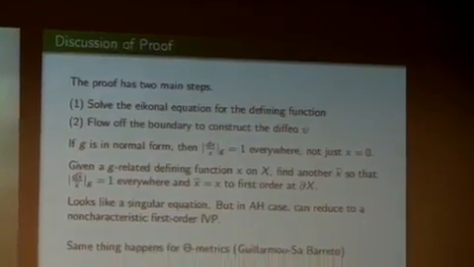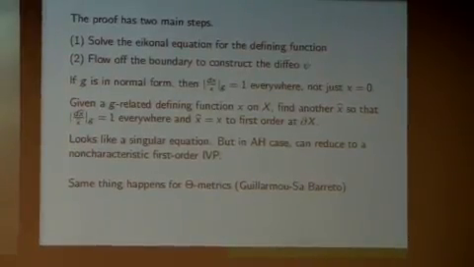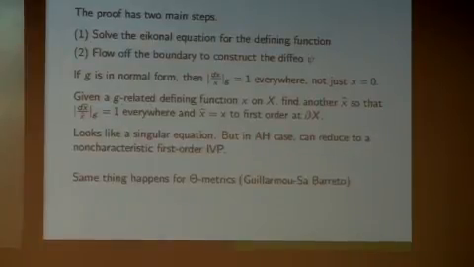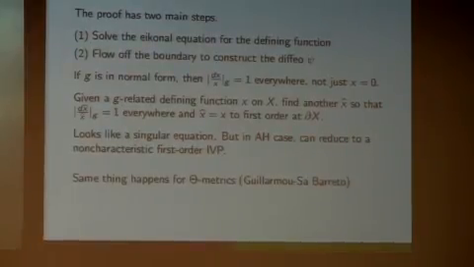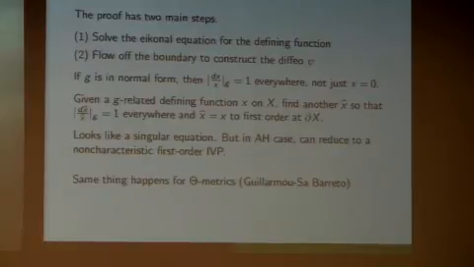Let me just comment that the same proof works the same way as in the asymptotically hyperbolic case for these theta metrics, which maybe haven't been talked about here yet, but it's another class of these kinds of structured geometric metrics that Ray's been referring to. This was observed and used by Guillarmou and Sá Barreto, and the proof is exactly the same as in the asymptotically hyperbolic case.